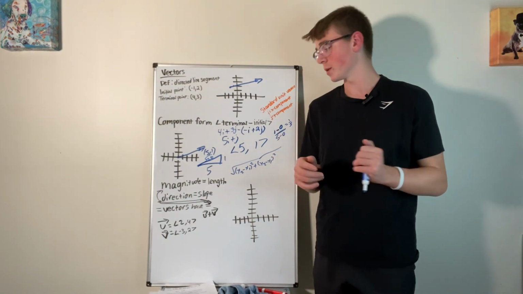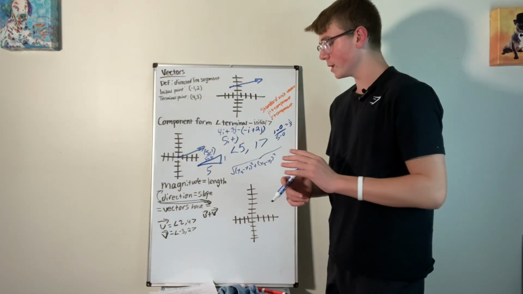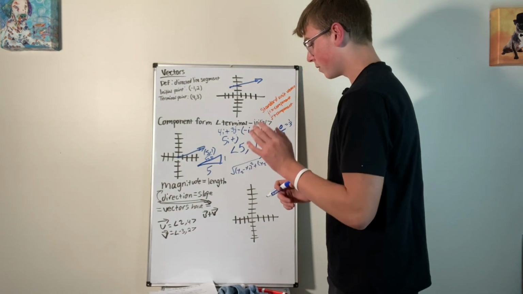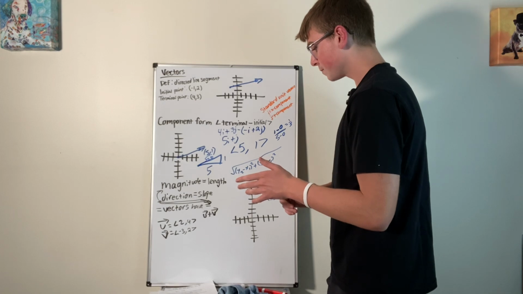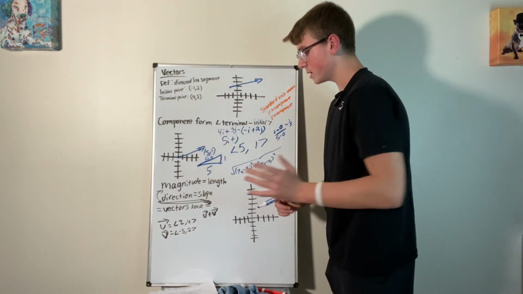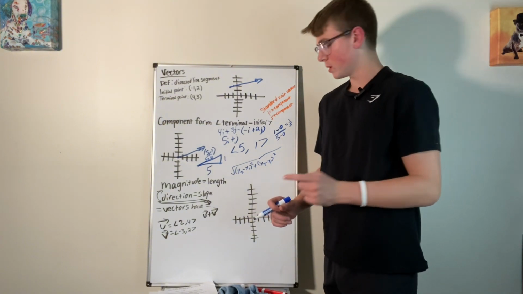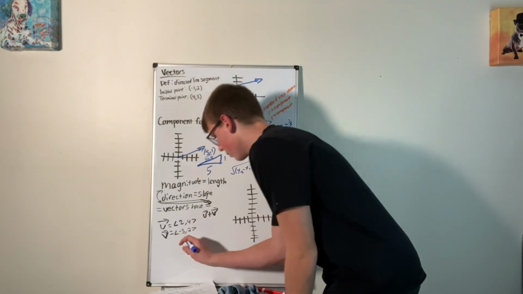Okay, then you can add and subtract vectors. We're just going to add two vectors. So vector u is caret 2, comma 4, caret, and vector v is caret -3, comma 2, caret. So I could turn these into i's and j's, but I don't really have to. I'm just going to say, okay, 2 plus -3 is -1.